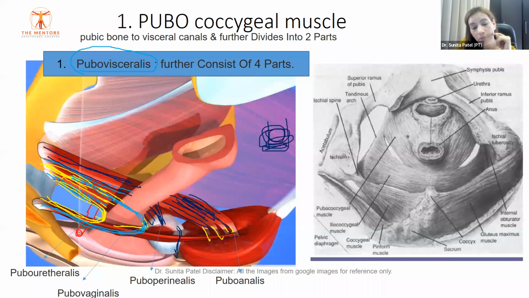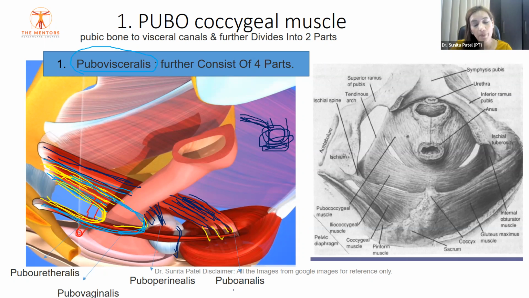Now this part of the pubococcygeus will also merge into this, and it will give more strength to those fibers. So this is the puboanalis muscle fibers, which are going to support and increase the compression and the sphincteric effect by giving more muscle fibers towards that.